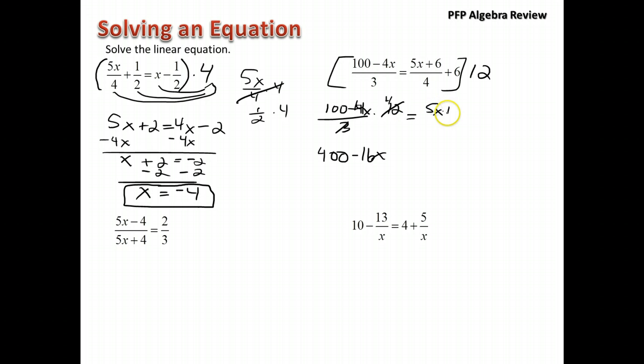If we have 5x plus 6, and it's all over 4, and we multiply that by 12, it's like multiplying it by a 3. And we have 15x plus 18. And then 6 times 12 is 72. 72 and 18 is a 90.